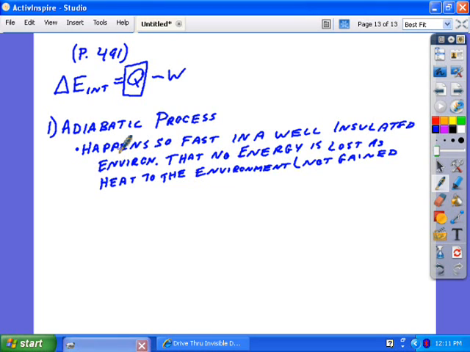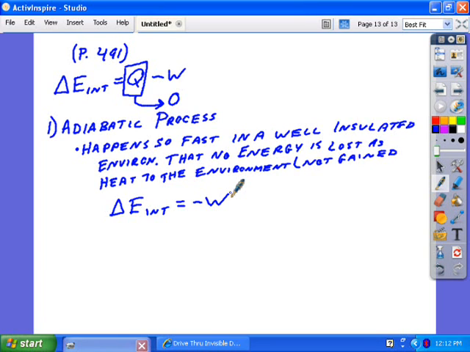It's not going in, it's not going out, so that Q is going to go to 0. In other words, the change in internal energy in an adiabatic process is only going to be due to any work done by that gas.